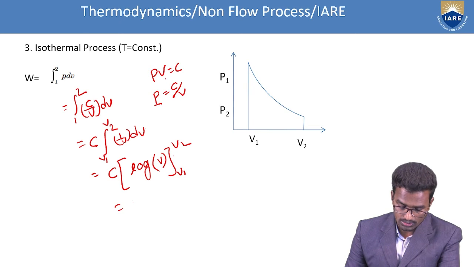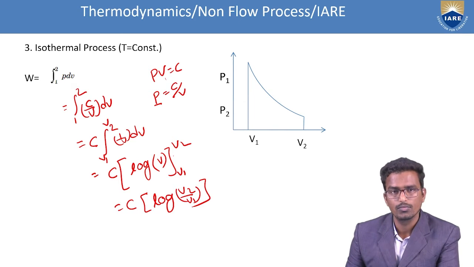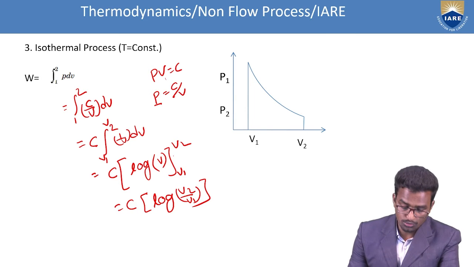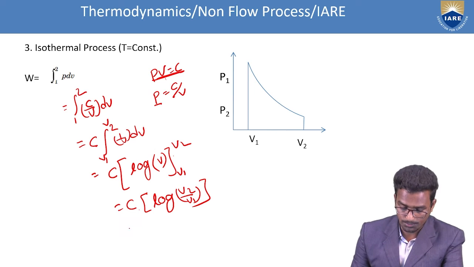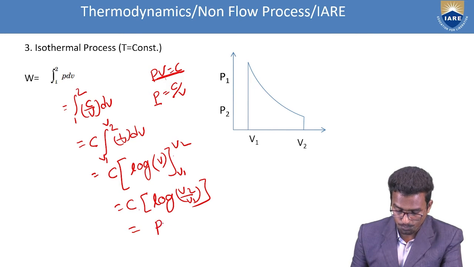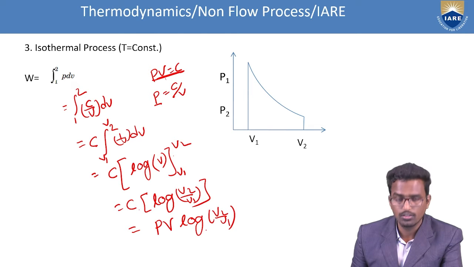Applying the limits, we get C into log of V2 by V1. You know that C is equal to P into V, so substituting that, the work is PV into log V2 by V1.